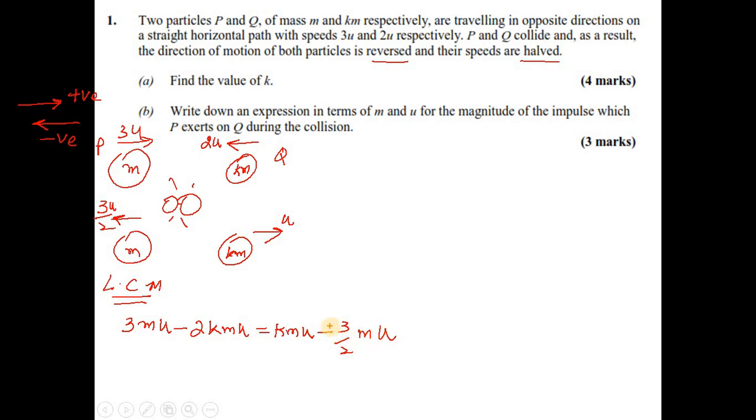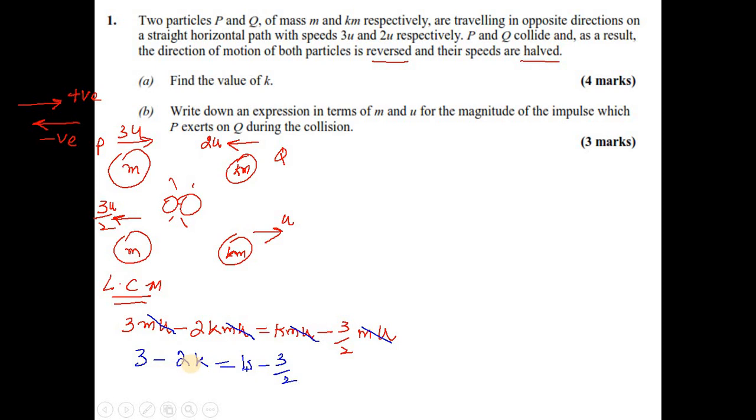Now you can cancel the similar terms, mu, and you have only 3 minus 2k is equal to k minus 3 by 2, an equation only in terms of k, so you can solve this equation for k.